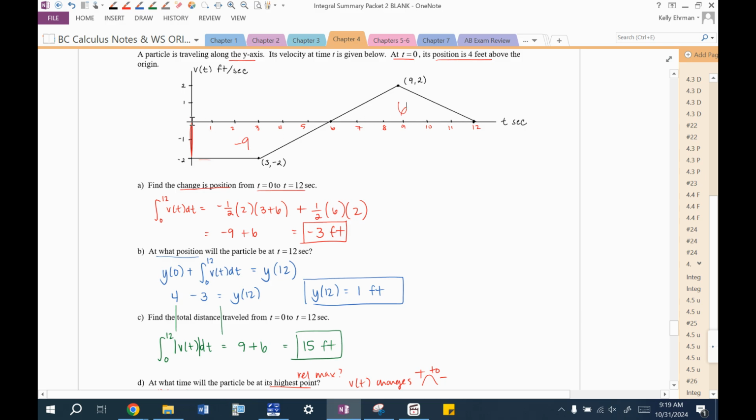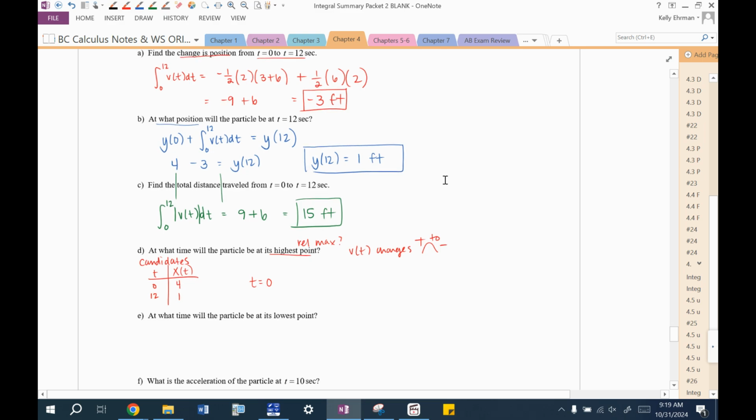So it's never going to get back to where it started. So t equals 0. I can either use my extreme value theorem work, or I can say that the net area from 0 to 12 is negative, and there's no relative max.